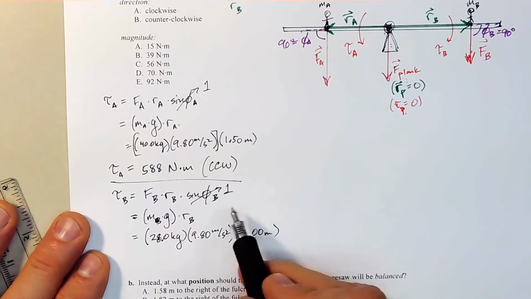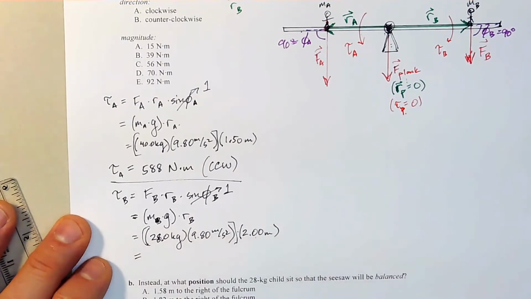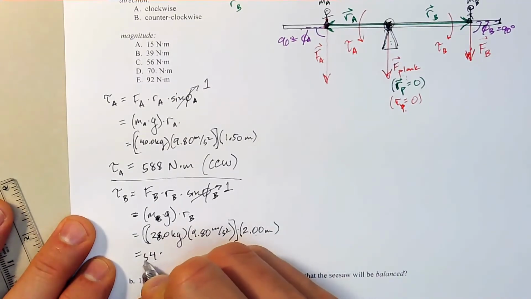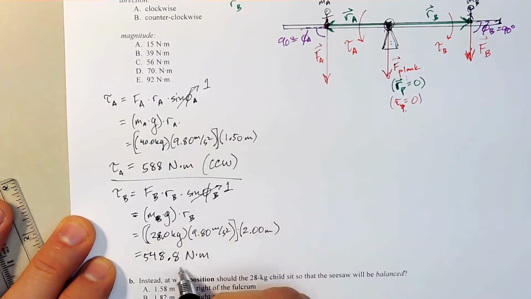So we know what the value is for the length of RB. When I calculate this, I'll get 548.8 Newton meters. And this one is clockwise.